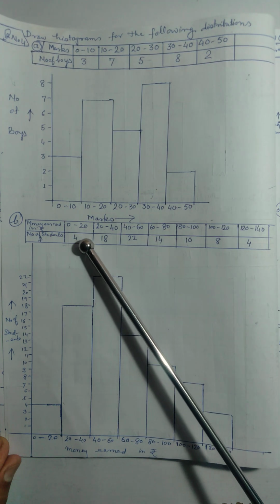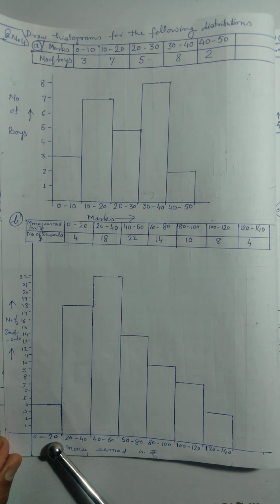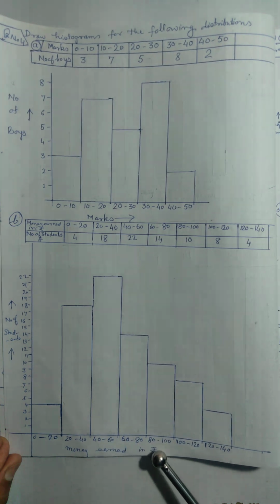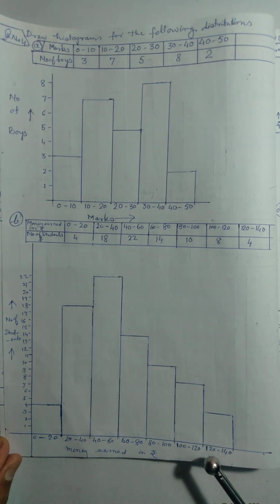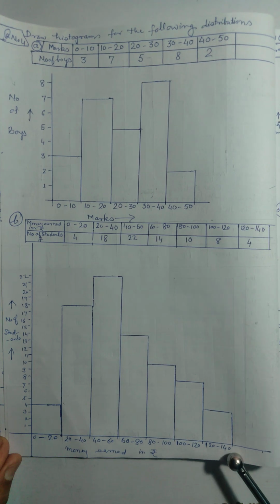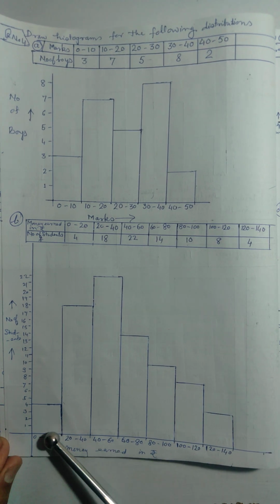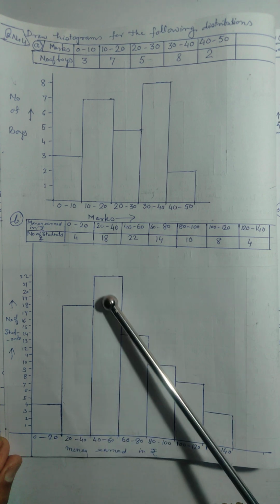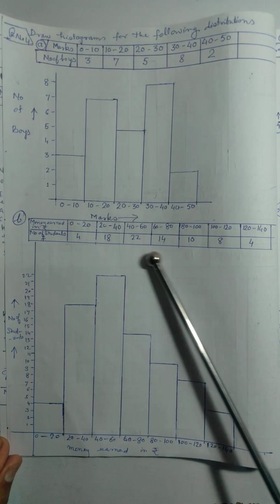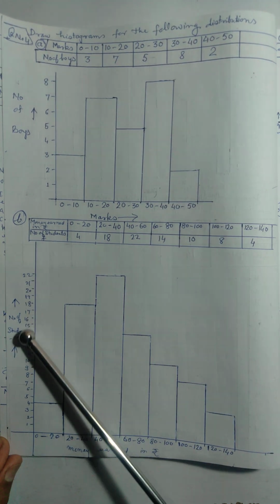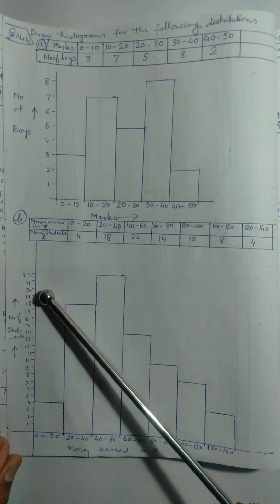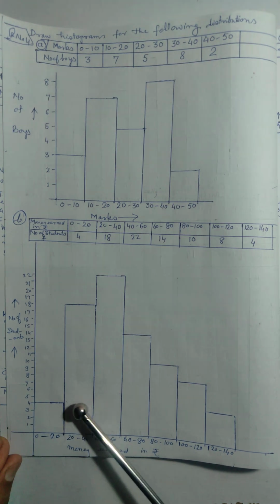With the help of data, you see the width of the rectangle is 0 to 20, 20 to 40, 40 to 60, 60 to 80, 80 to 100, 100 to 120, 120 to 140. And its height, or you can say the length, has been represented by the number of students along the y-axis or the vertical line.